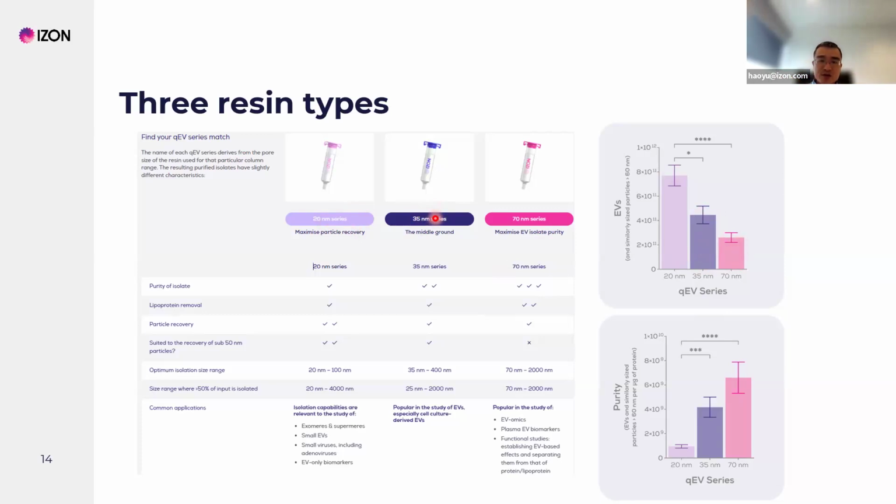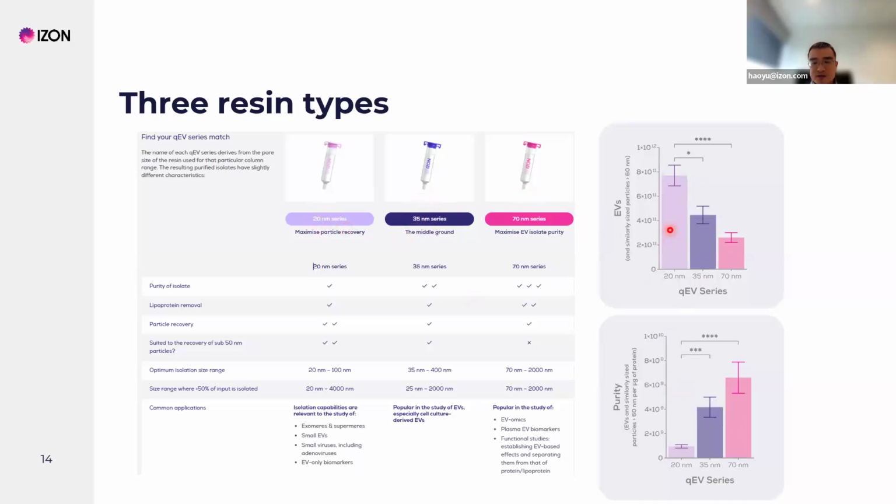If the holes become larger, they will also remove some of the small EVs. The 70 nanometer resin definitely will remove some of the particles around 30 to 50 nanometers. If you do not want to lose these particles, you may consider the 35 nanometer resin and 20 nanometer resins.